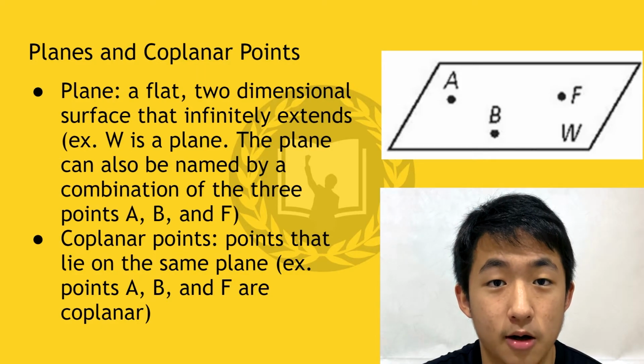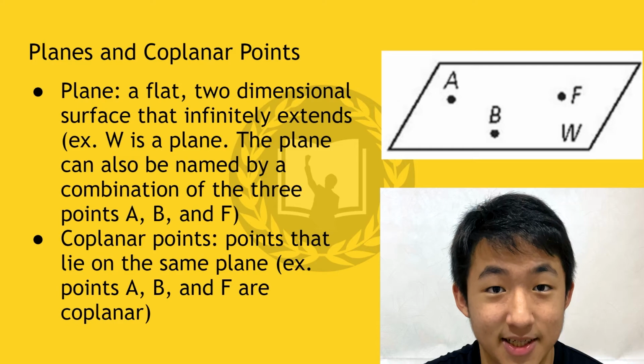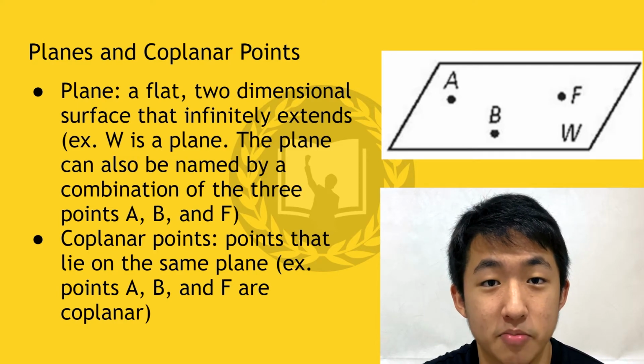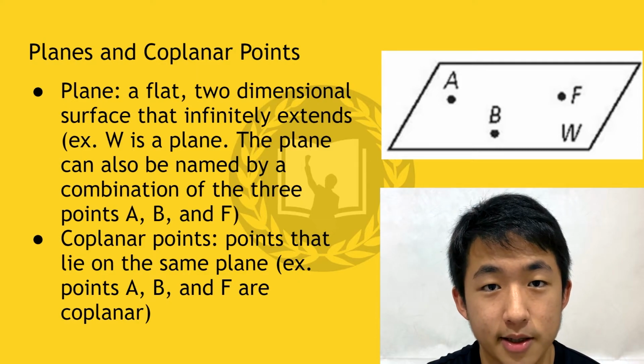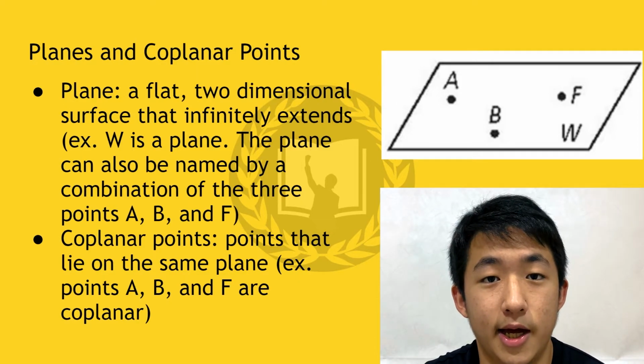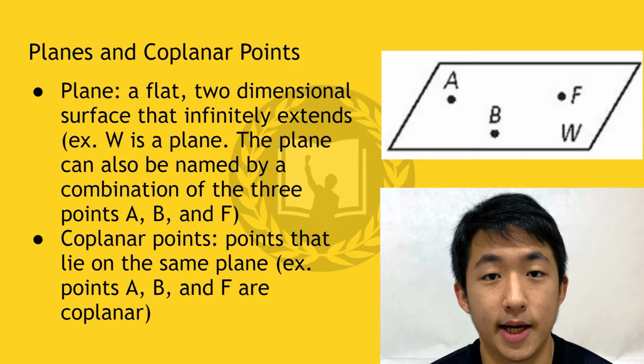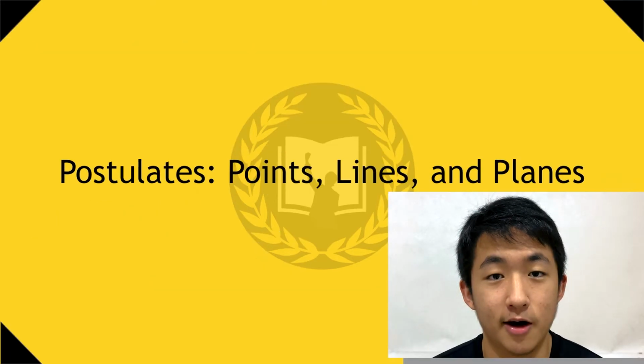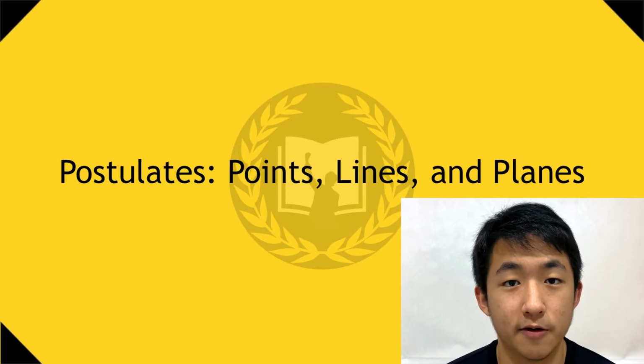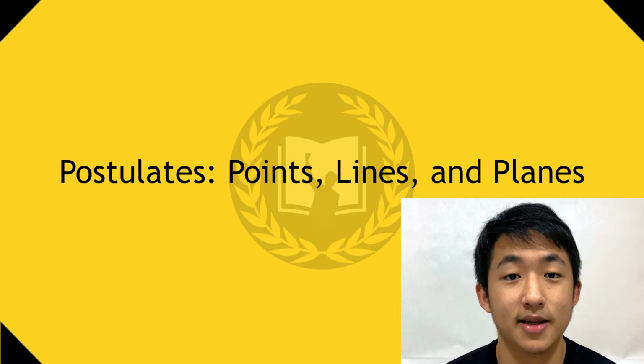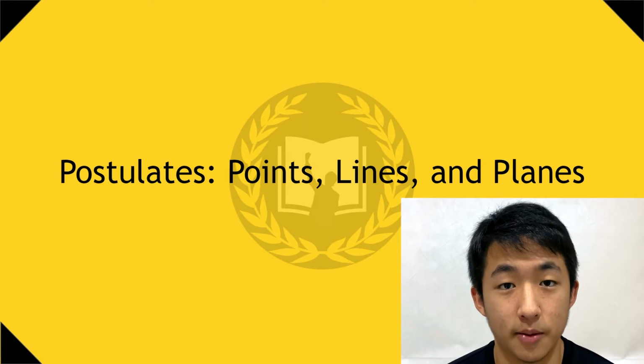Coplanar points are, as you guessed it, points that lie on the same plane. Mr. Obvious is back. Alright, so if we look at the example on the right, we could see that points A, B, and F are coplanar on the plane W. This plane could also be named as plane ABF. Alright, now that we have a basic overview of points, lines, and planes, let's move on to the postulates for these topics.